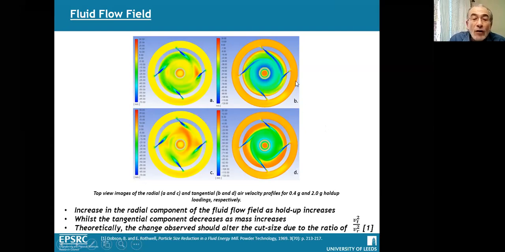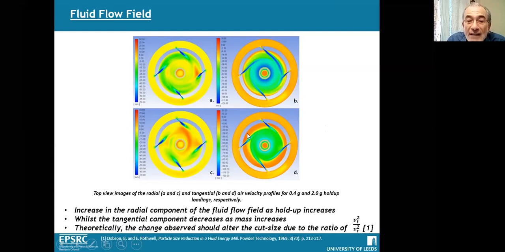The tangential one provides really a fascinating trend in that you can see very high velocity. So the tangential velocity range is from minus 120 up to about 20, but most of it is actually orange, which is about 0.